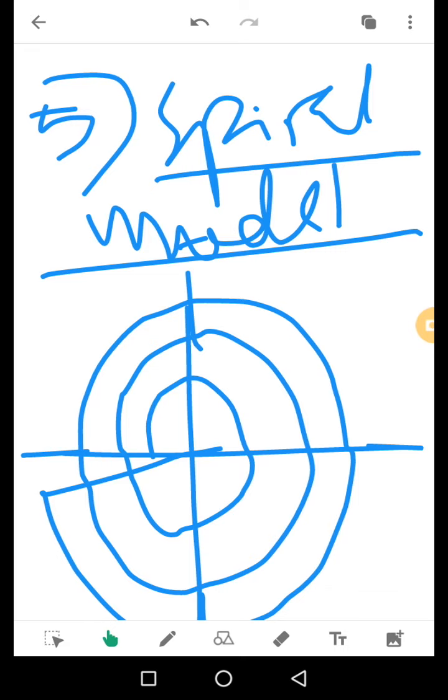So I think you have gotten the different life cycle models for software development.